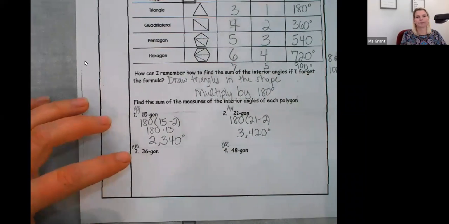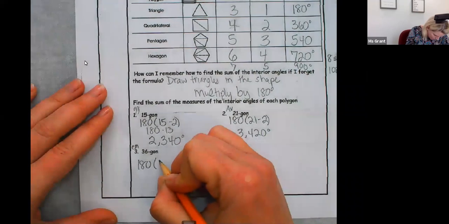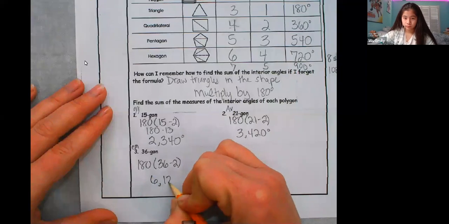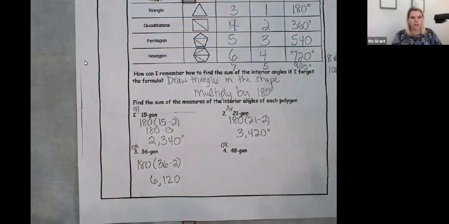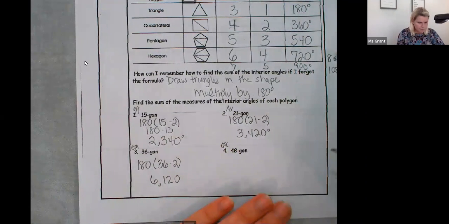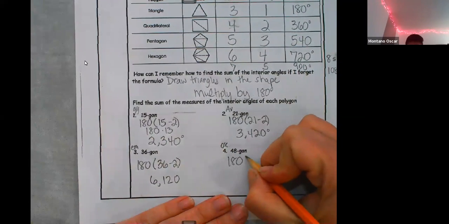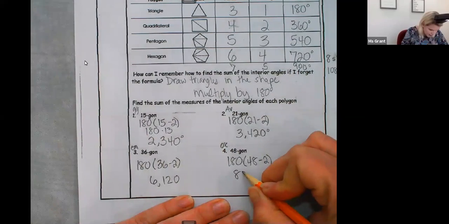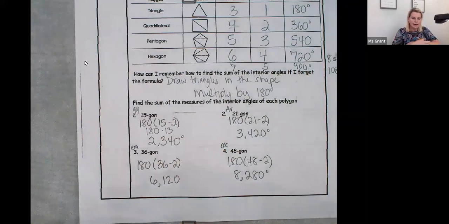Emily. I got 6,120. You are right. Oscar. I got 8,280 degrees. Yes.